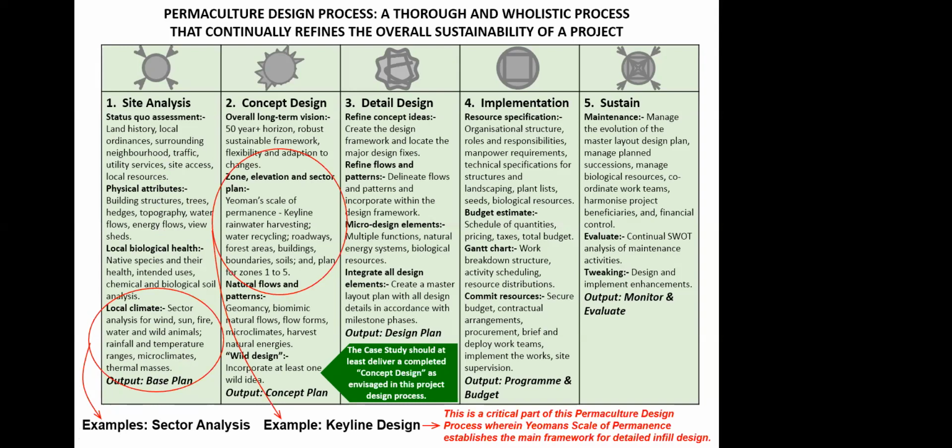Remember, to do a proper concept level permaculture plan, you need at least 2-meter contour levels. On Google Earth Pro, the contours are not there. But if you move your mouse across the landscape, you can see the spot heights.